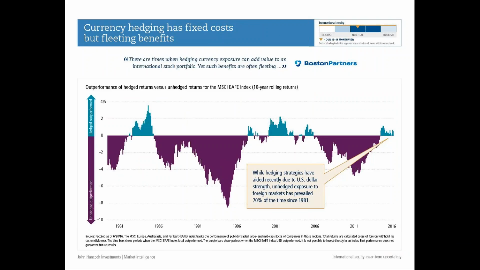All right. The next slide here is something to consider for currency. So I know there was an international risk question. It was also part of our macro themes, the dollar being strong.